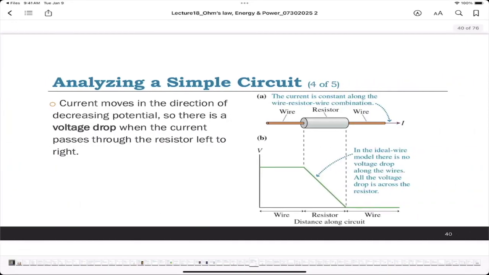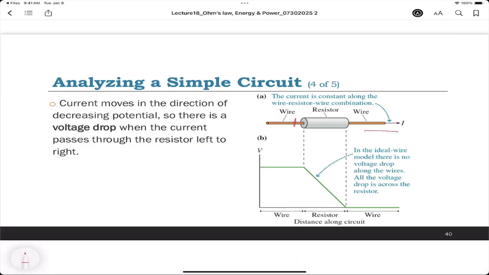Current moves in the direction of decreasing potential. So there is a voltage drop when the current passes through the resistor from left to right. If the current direction is this way, the voltage will drop compared with this point.